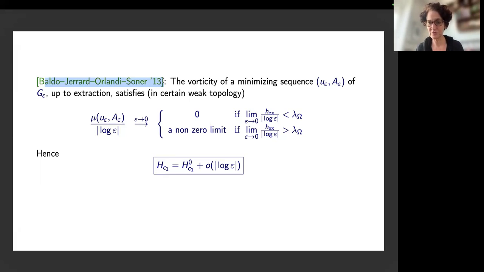And if you want to know what the solution is, you should take the following problem: minimize the integral of gradient u squared plus u squared, with u equals 0 on the boundary, and, no, you should not take that.